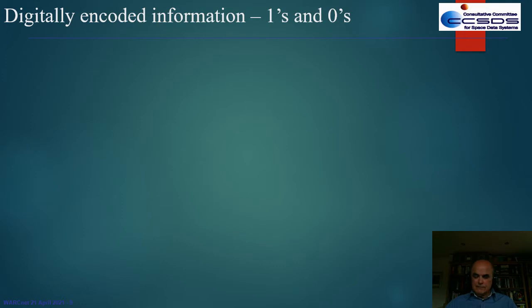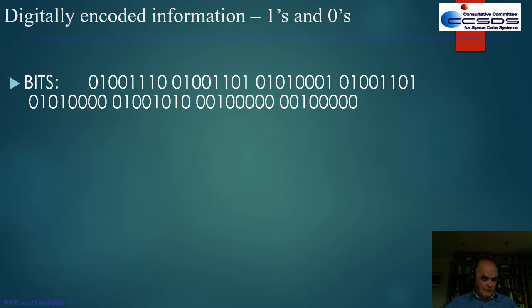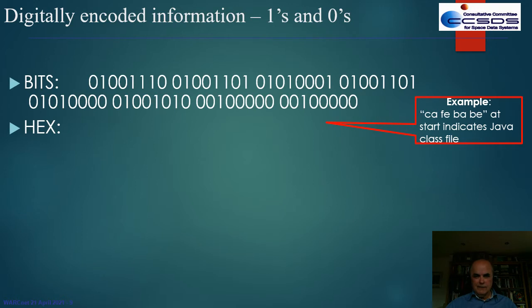Let's look at some bits. What could they mean? We can rewrite this as hexadecimal, which groups 4 bits together to represent one of 16 characters.